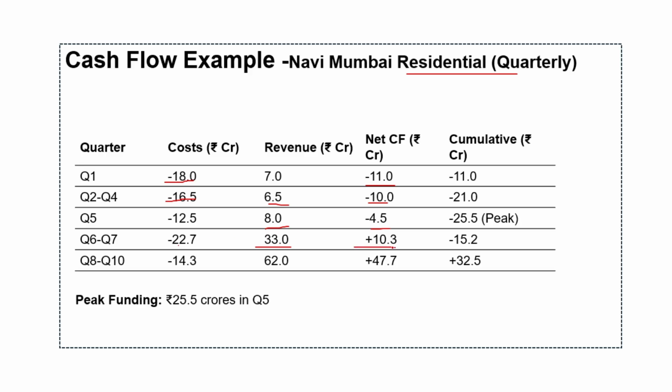So we are at 10.3 crores, reducing the cumulative negative position to minus 15.2. So here we were at the peak and then we started coming back. The peak funding in Q5 represents your critical financing requirement that must be adequately structured in project financing. So this is the crucial time that we have to look at.